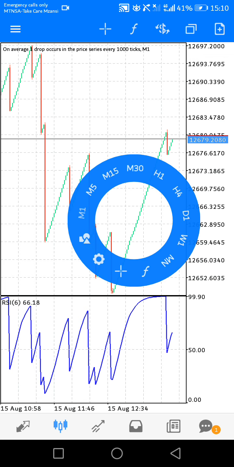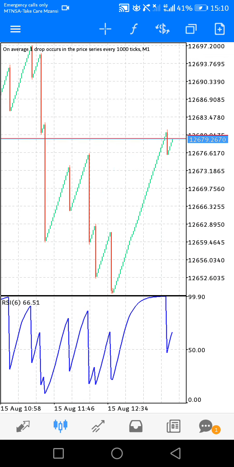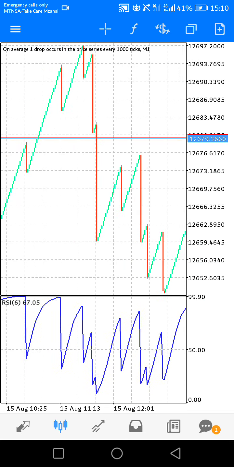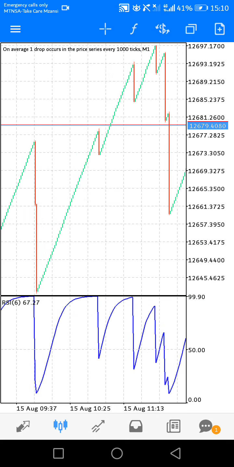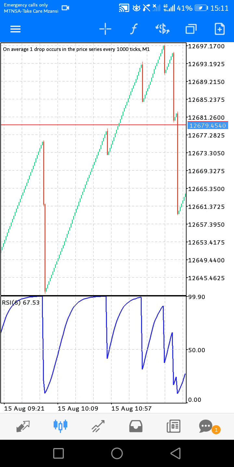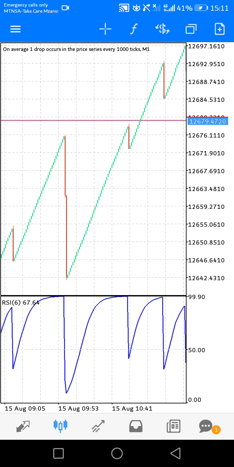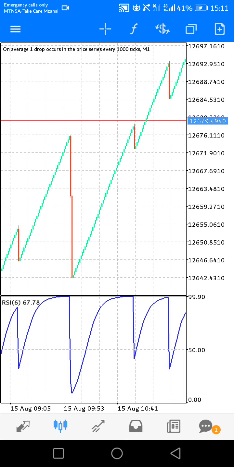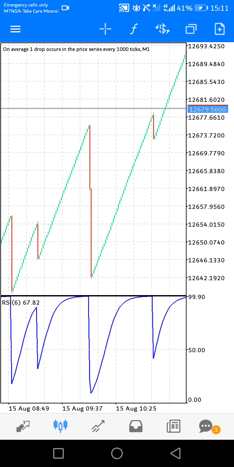Also, the time frame that we're going to be using is M1, as you can see that I'm using the 1 minute chart. Let's just go back and see if these levels are valid. As you can see there, every time it's around that level, it goes down.